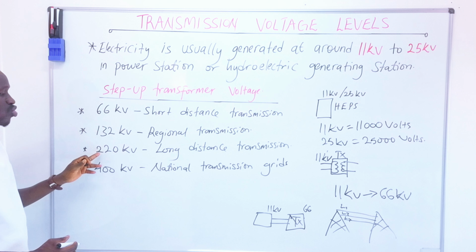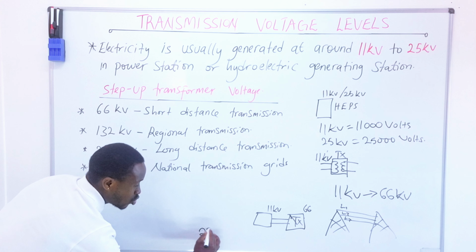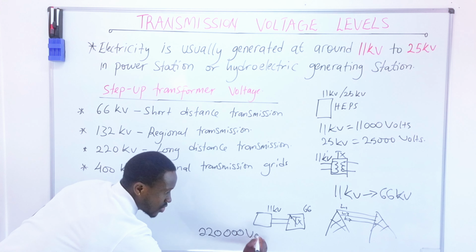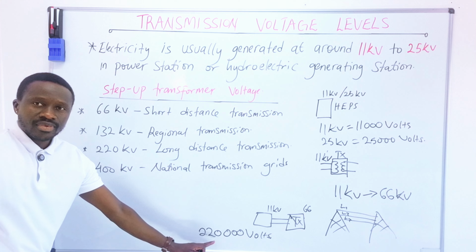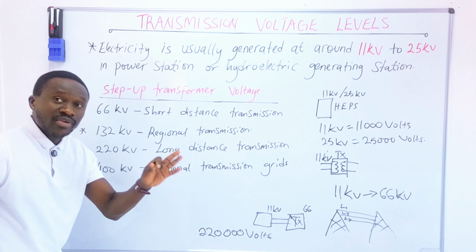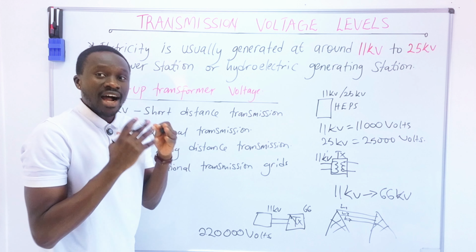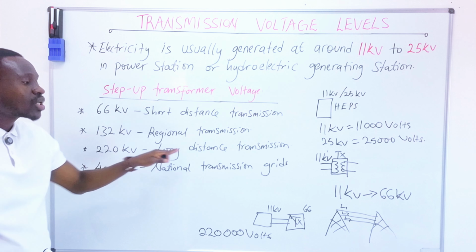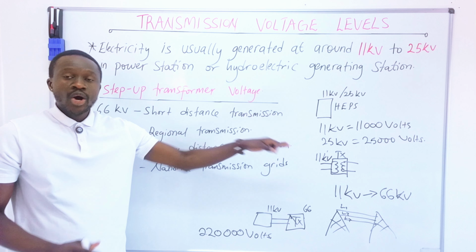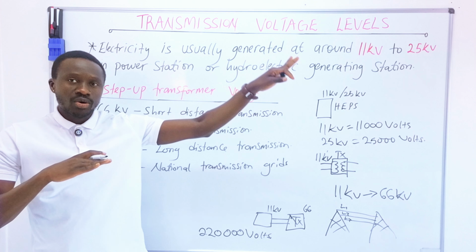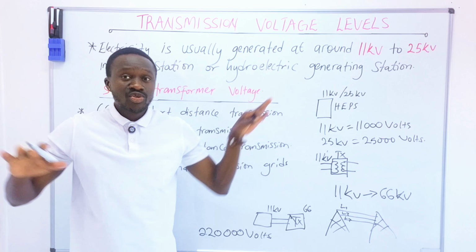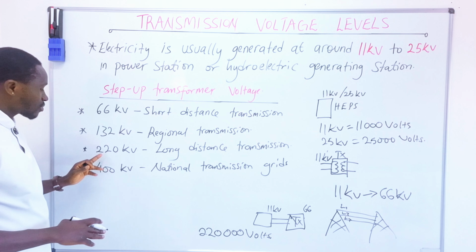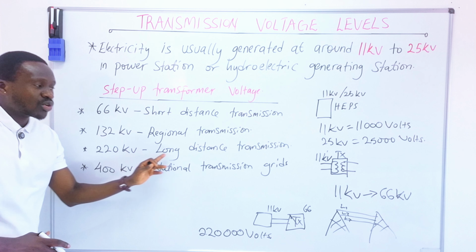If we say 220,000 volts, okay, 220,000, it is for long distance transmission. When it is long distance, not really long, but long, not countrywide or in one position, they use 220 kilovolts.